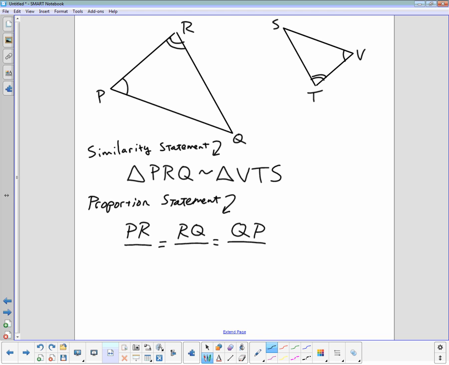Who does PR go to? At this point, using the similarity statement is probably even easier than going to the picture and figuring out where everybody goes. The similarity statement is a very useful tool. PR goes to VT. RQ goes to TS. And the last one, QP, goes to SV. Good.